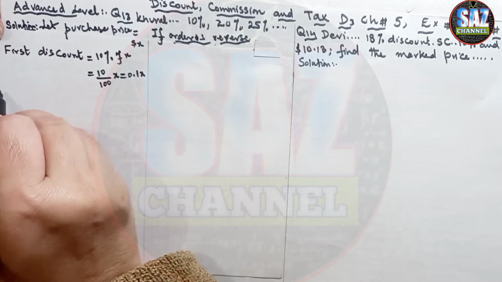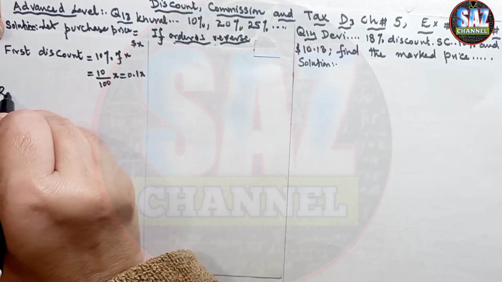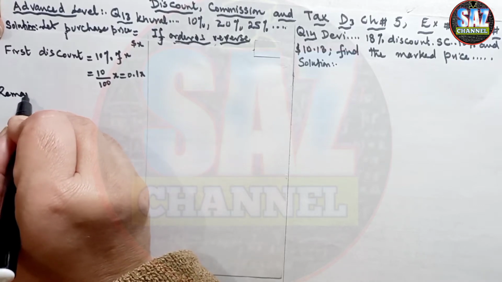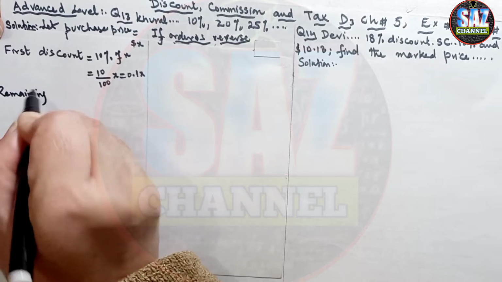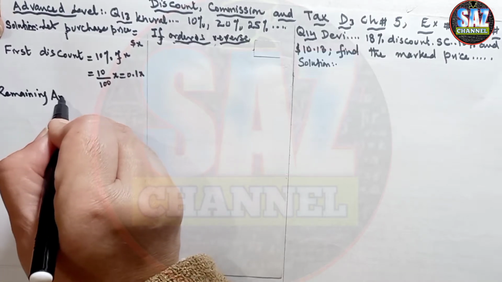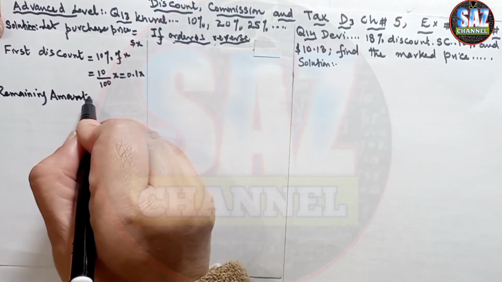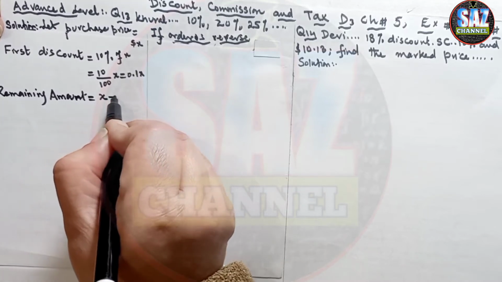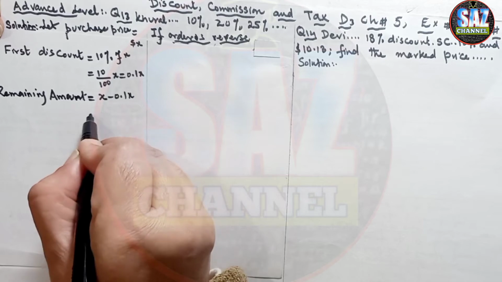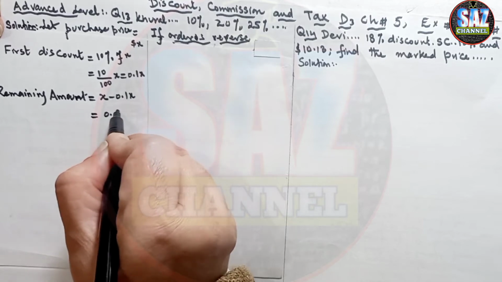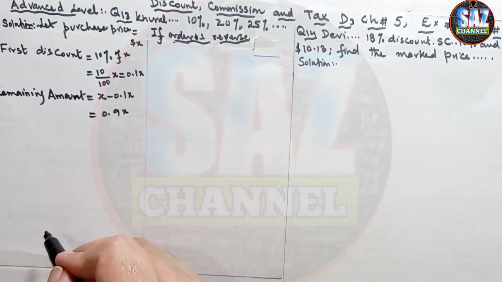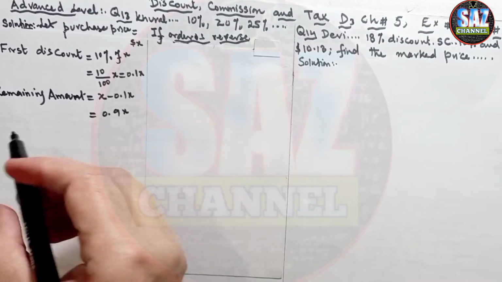So the remaining amount equals x minus 0.1x, and which is 0.9x.